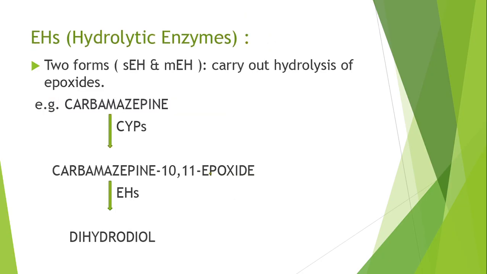Then coming to EHs, hydrolytic enzymes. Two forms, SEH and MEH, carry out hydrolysis of epoxides. For example, carbamazepine 10,11 epoxide, in the presence of hydrolytic enzymes, goes to dihydrodiol.